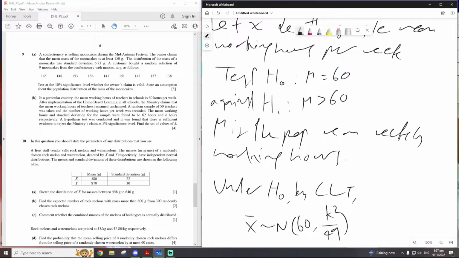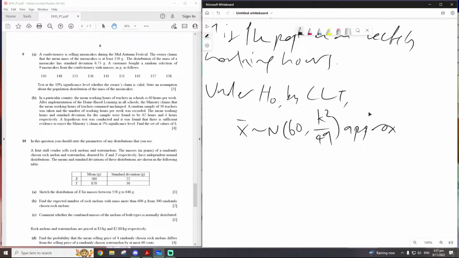Approximately. Standardize, z is x bar minus 60, divided by the sample standard deviation, so k over 7, follows normal 0, 1.